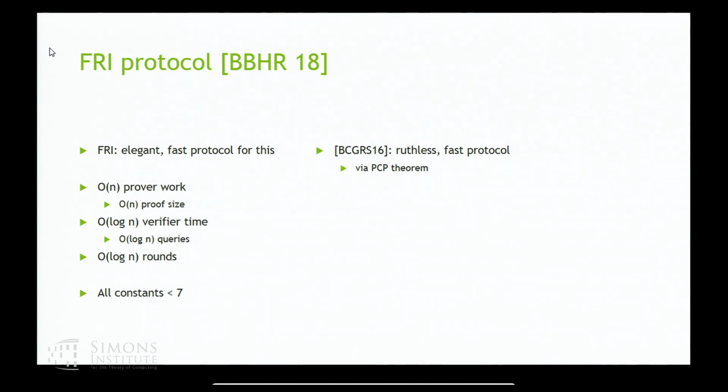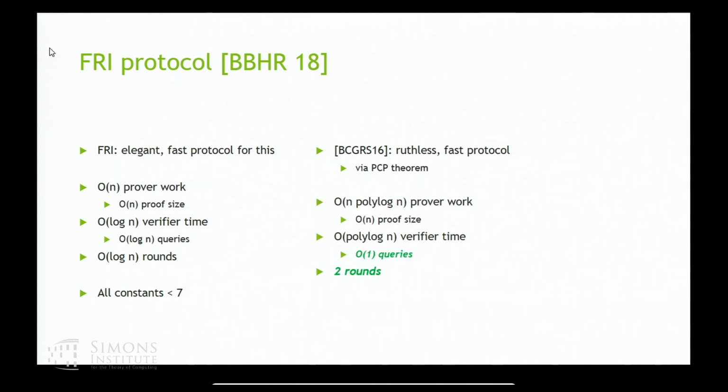This is a result of Ale and Nick and Ariel and others, which solves exactly the same problem with much better theoretical bounds. It has order n log n prover work, but order n proof size still. Order polylog n verifier time, but only constant queries and 2 rounds. So this is really, really impressive on just raw parameters.